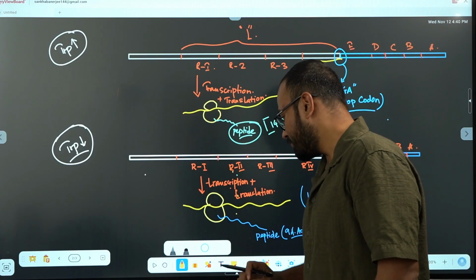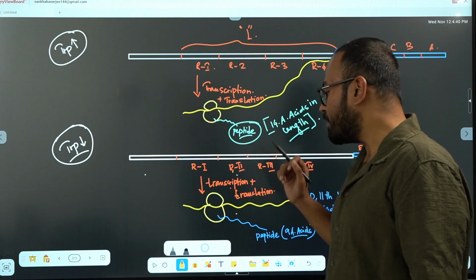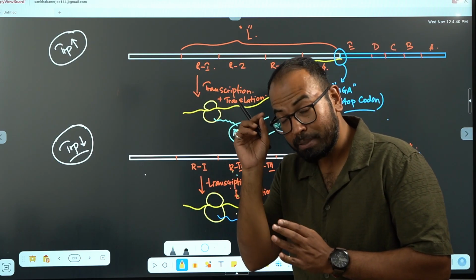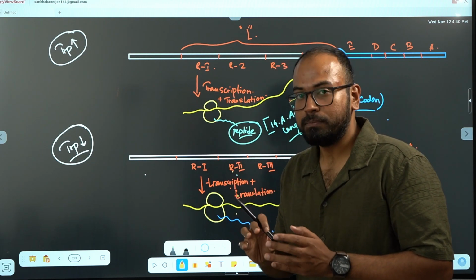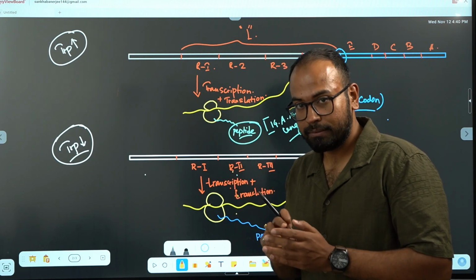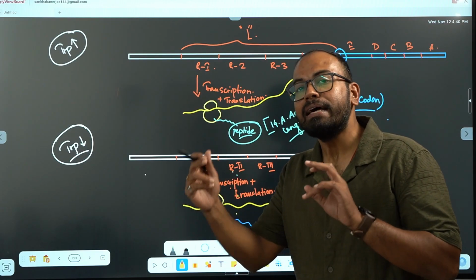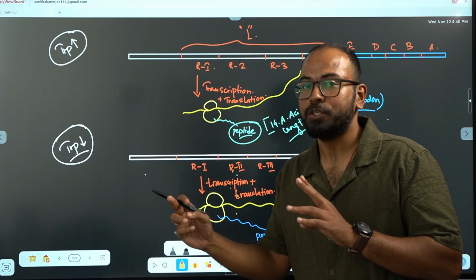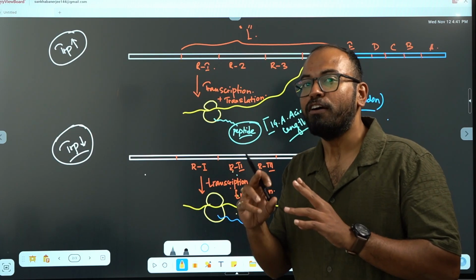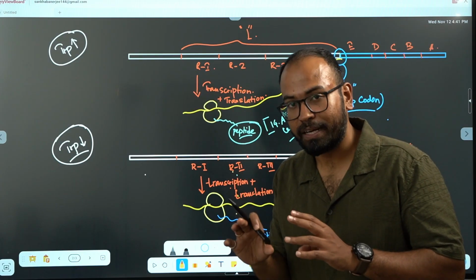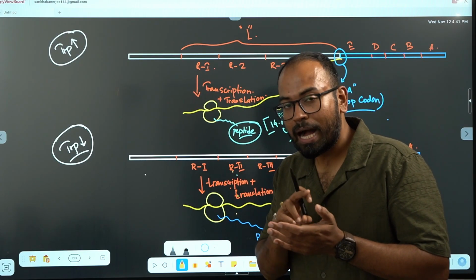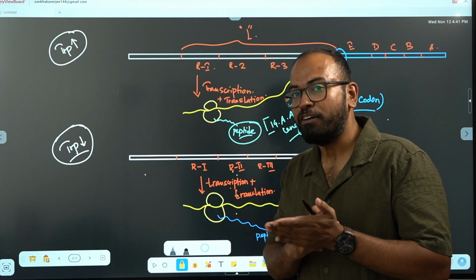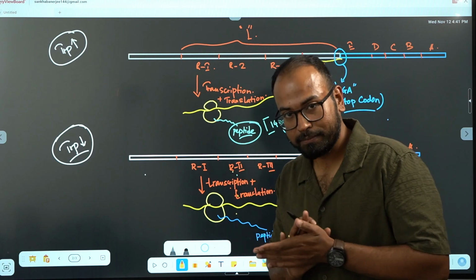First of all, one thing we must remember: RNA polymerase will synthesize the entire leader sequence irrespective of high or low level of tryptophan. Again, note it down.